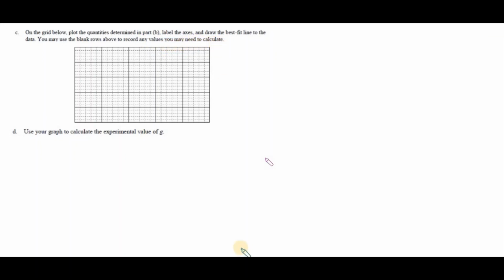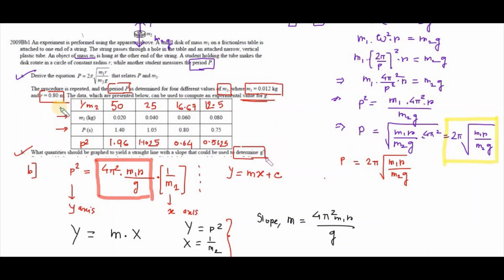In part B, we determined that along the y-axis we are going to plot P square, and along the x-axis we are going to plot 1 by m2. Already we have filled the table with 1 by m2 and P square. Now these two values we have to plot in the graph, and corresponding to that we have to determine the slope.